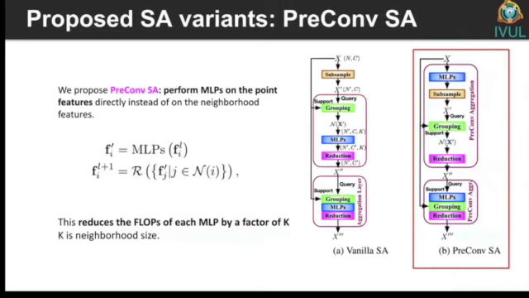This means our proposed PreConv SA module performs MLPs on the point features directly instead of on the neighborhood features. Given the point features, we process the features by a shared MLP. Then we query the neighborhood for each point. Then we perform the reduction layer along the neighborhood dimension. The proposed PreConv SA module reduces the FLOPs of each MLP by a factor of k.